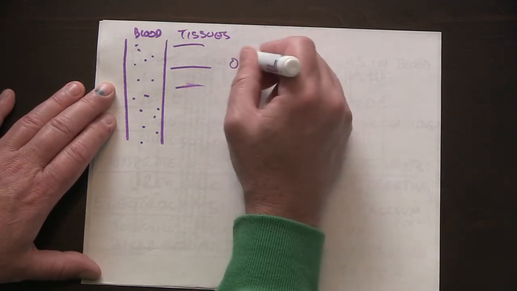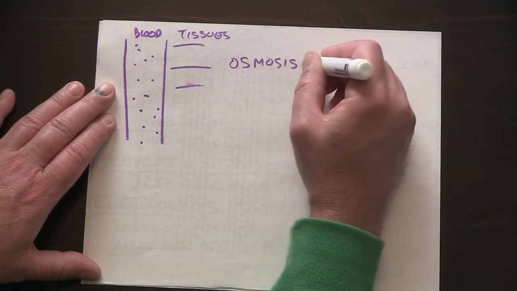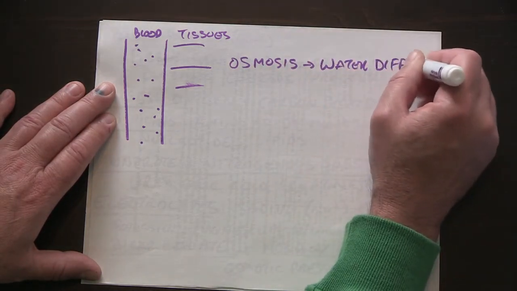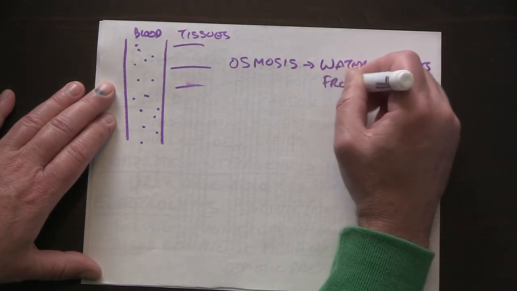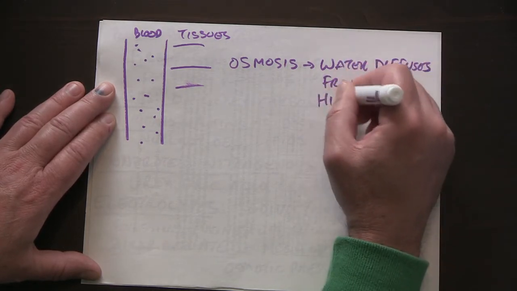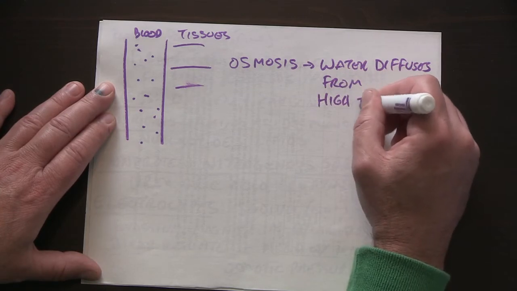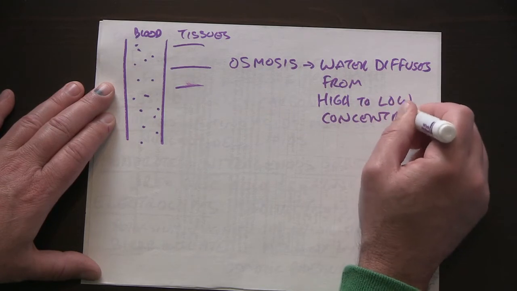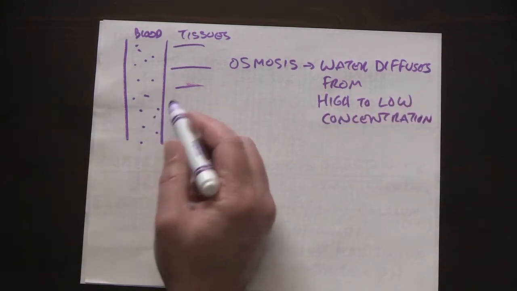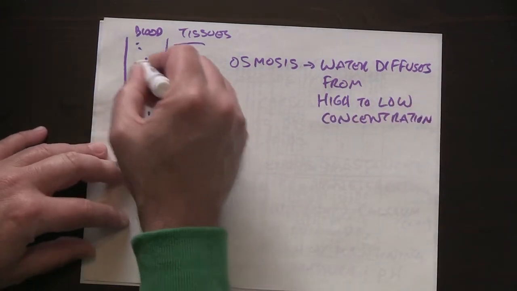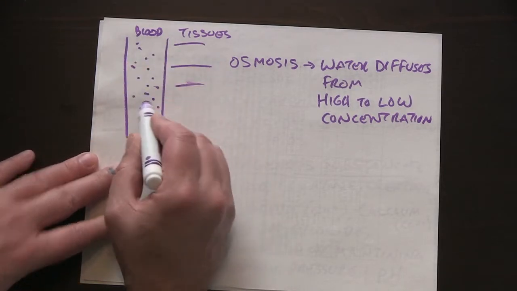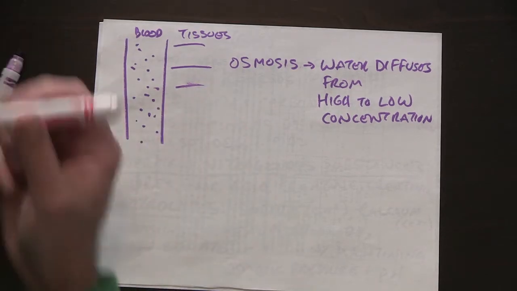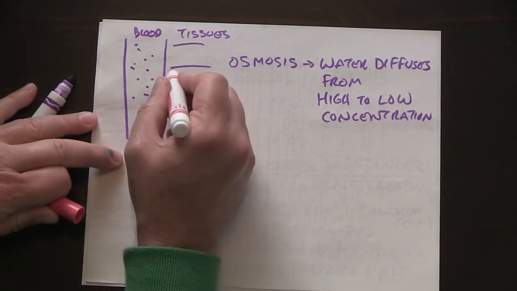By osmosis, water diffuses from, do you remember? From high concentration to low concentration. So because of the albumins, the water concentration is lower here and higher here, and water is going to be pulled into the blood.